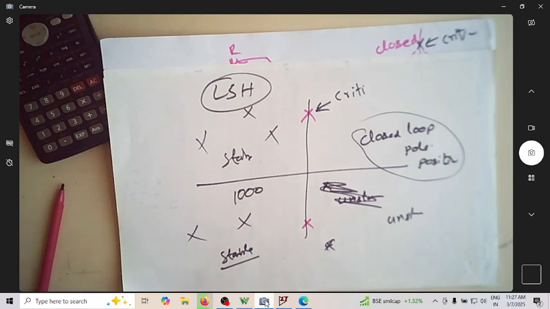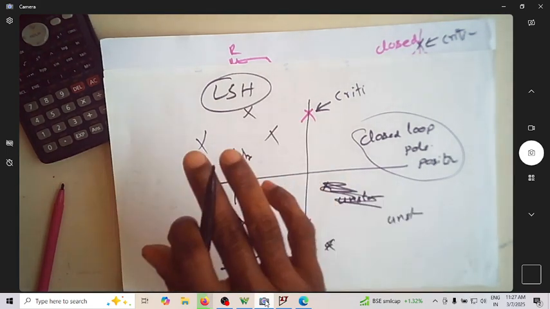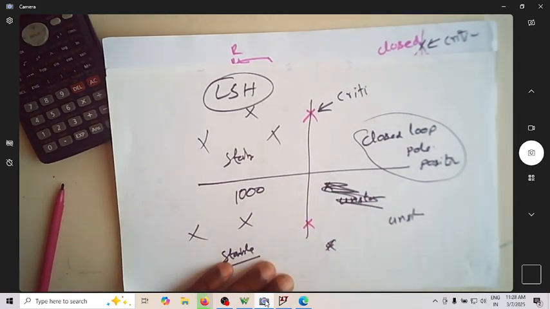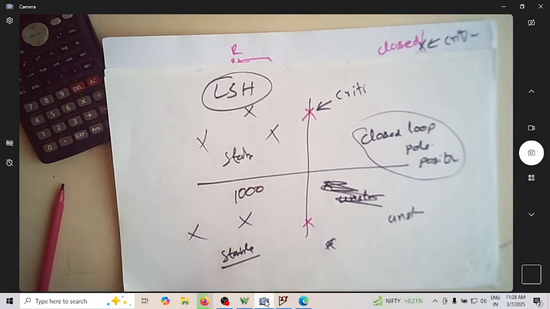That's why in the entire control system, we deal with stability. When you say stability, it is the position of the closed loop pole, whether it is on the left hand side of the S-plane, right hand side of the S-plane, or on the imaginary axis. That's the entire story of your control systems. You are looking at where the closed loop poles are.